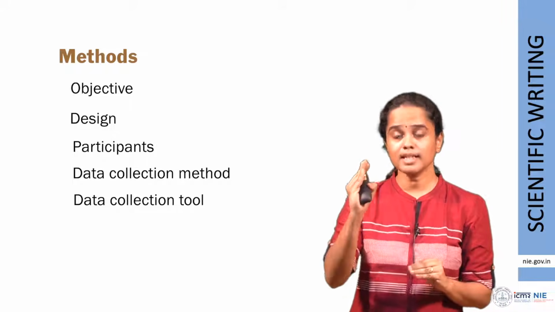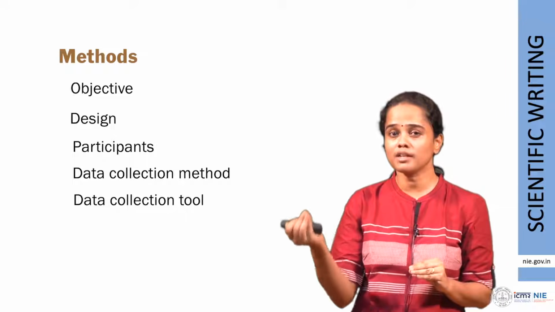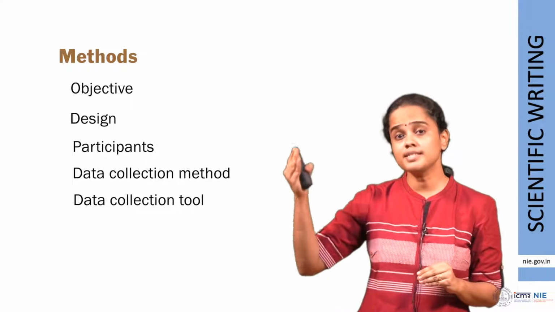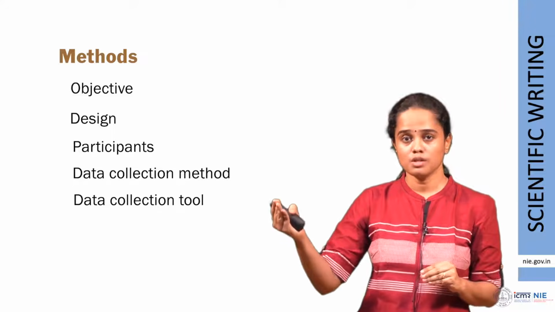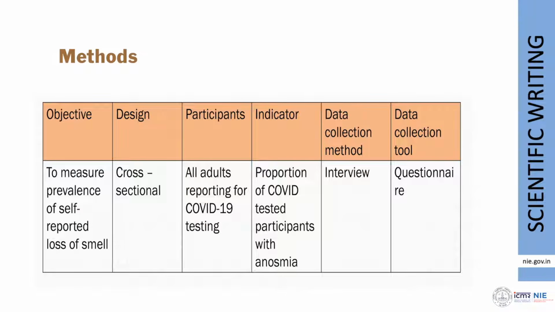This is the data collection method that I used to calculate this indicator, and this was the data collection tool I used. So it is a very good practice to try to list all your objectives, and against the objectives you could say the study design, the participants, the indicator that is calculated, the data collection method, and the data collection tool.